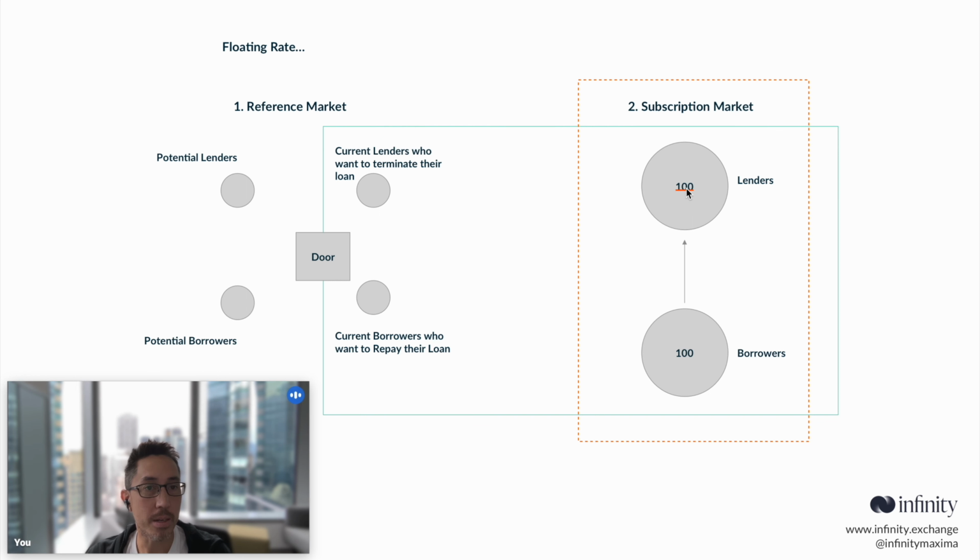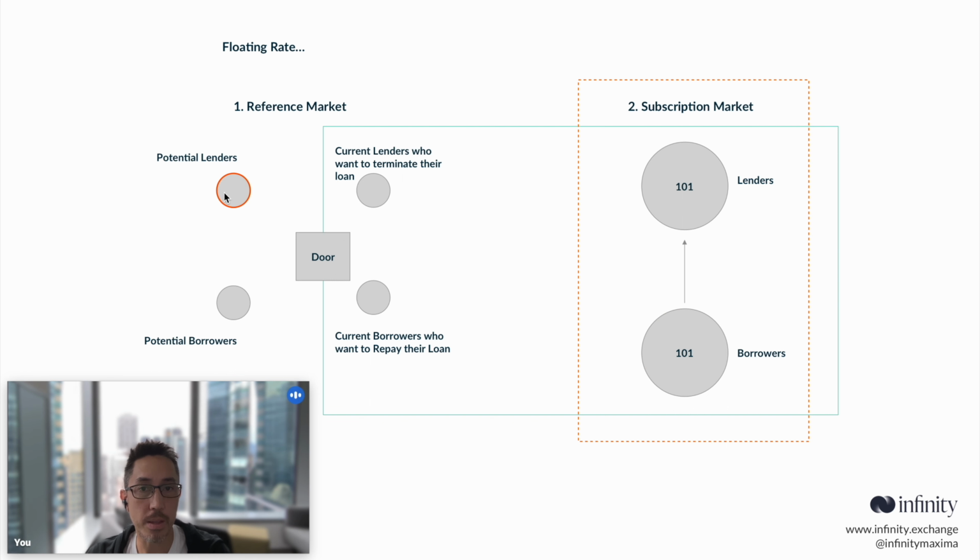So the whole goal here is to have a notionally matched, or principally matched, number of participants in this market. What happens is that if a potential lender walks in the door, this lender now needs to be matched with a borrower, so the two walk in, and now this ratio goes from 100 to 101.